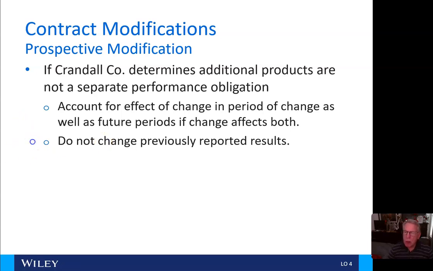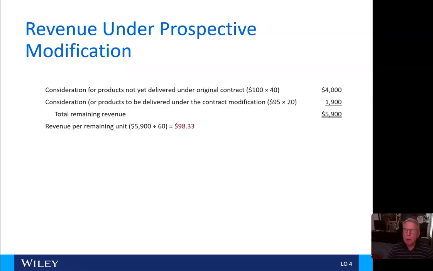And 2, they do not change previously reported results. So if this is the case, then consideration for products not yet delivered, that's the $4,000, and consideration for the products to be delivered, $1,900. So the remaining revenue is $5,900.